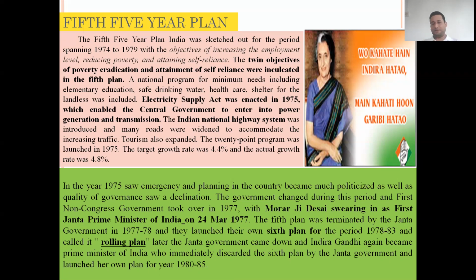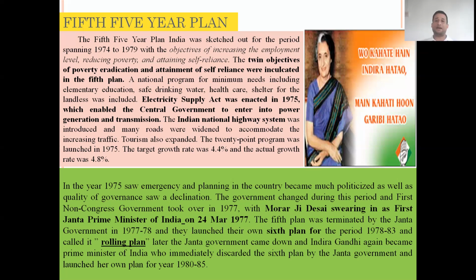In this plan, the Indian economy experienced fluctuation and instability in the political ground of Indian politics, and that is why the fifth five-year plan did not run in a smooth way. The fifth plan was terminated by the Janata government in 1977-78, and they launched their sixth plan for the period 1978 to 83, and called it the rolling plan.